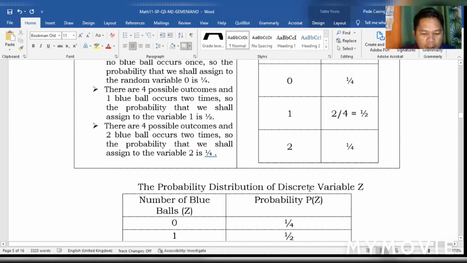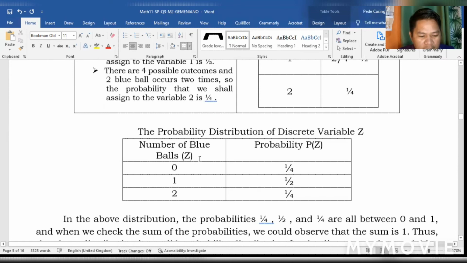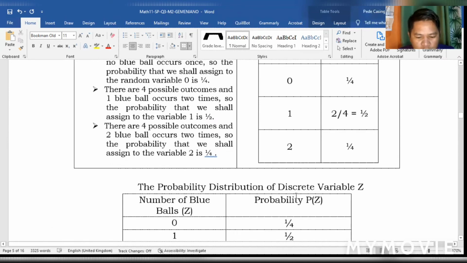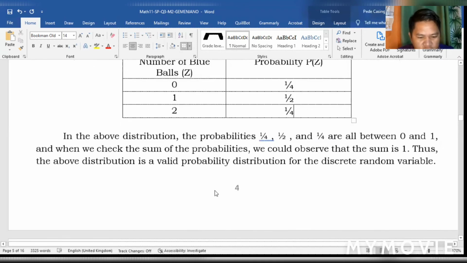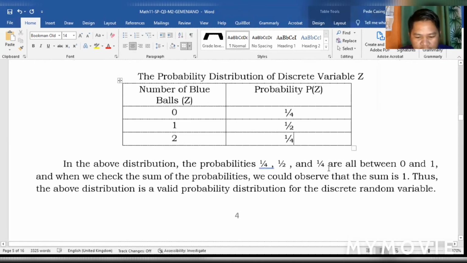So, let's now have the probability distribution of discrete random variable Z. So, we have number of blue balls 0, 1, 2. Our probability P of Z is 1/4, 1/2, 1/4. In the above distribution, the probabilities 1/4, 1/2, and 1/4 are all between 0 and 1. Diba? Wala siyang na-exceed ng 1.